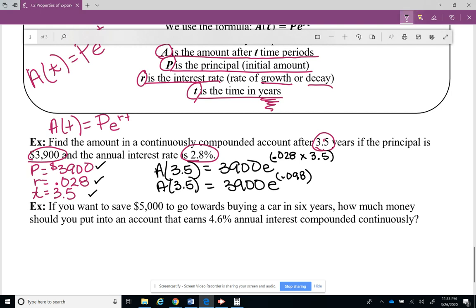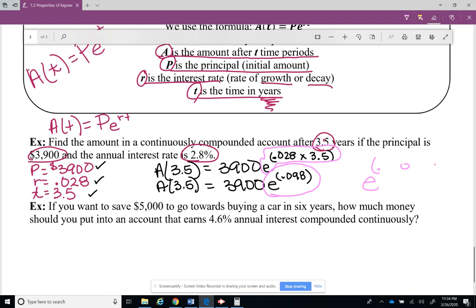So we're going to plug in to the calculator the e to this power first. Now, when we plug it in, we're going to have to put those parentheses. Now, if you wanted to, you could have just plugged it in right here and put the parentheses there. You would have done this. You would have said e parentheses 0.028 times 3.5 close parentheses.